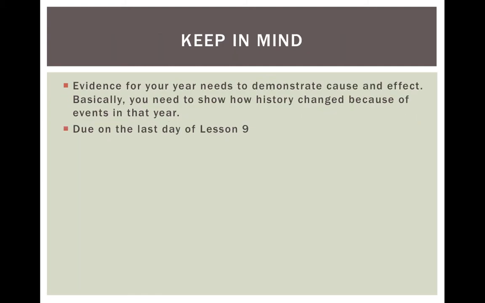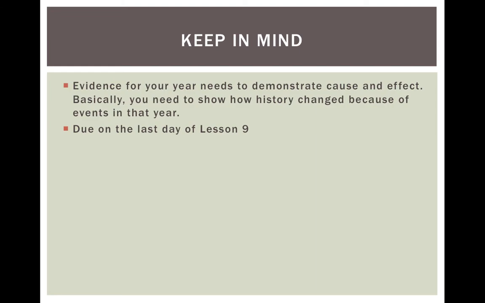Two things I want you to keep in mind as you're creating this project. Your evidence that you're using to defend the year or event that you're choosing needs to demonstrate cause and effect. So you need to show that there is a change going on in global history because of this year or events in this year, or a single event, if you will.